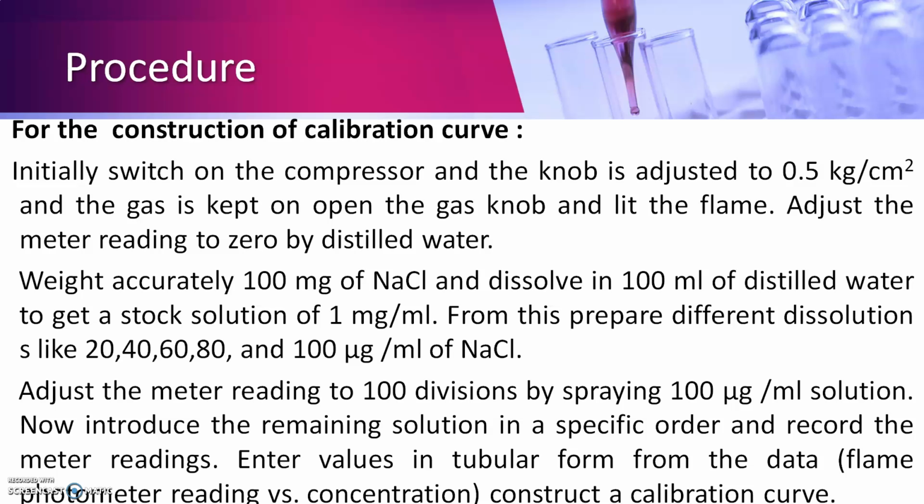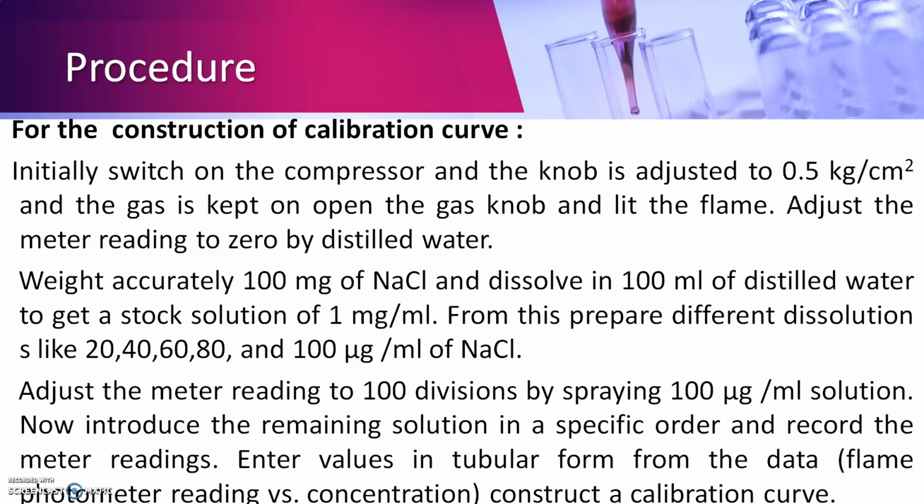The gas knob is opened, the flame is lit, and the meter reading is adjusted to 0 using distilled water. Then we accurately take 100 mg of sodium chloride and dissolve it in 100 ml of distilled water to get a stock solution of 1 mg per ml or 1000 microgram per ml. From this prepare different dilutions like 20, 40, 60, 80 and 100 microgram per ml of NaCl. We will see afterward how we can prepare these in the next part.